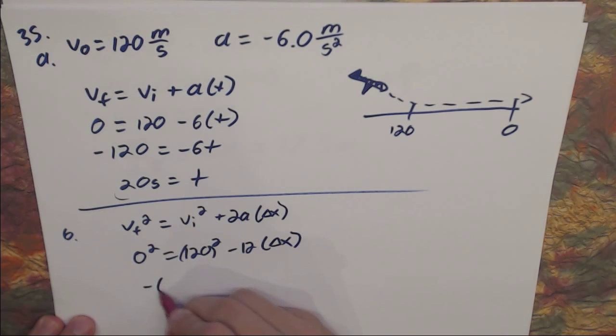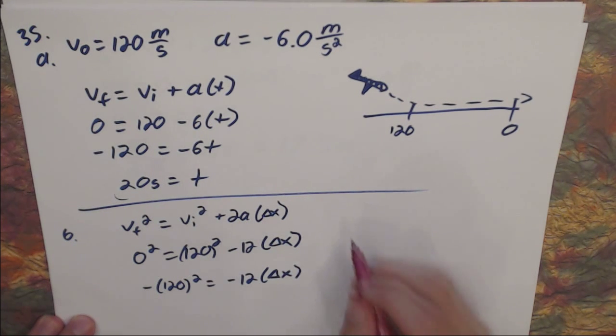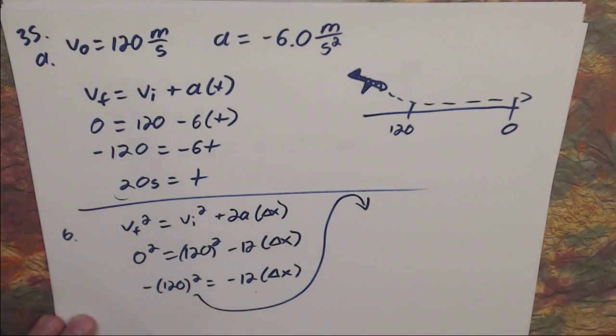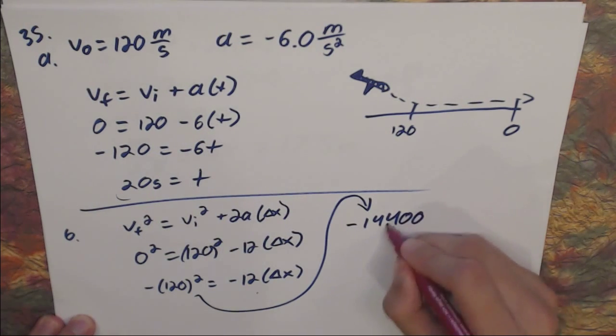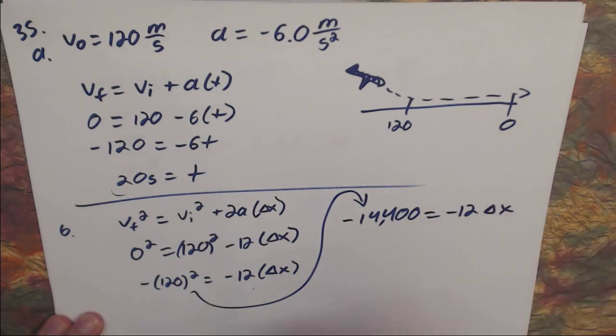So we subtract over 120 squared equals negative 12 delta x, and then kind of run out of room. So 120 squared is negative 14,400 equals negative 12 delta x.